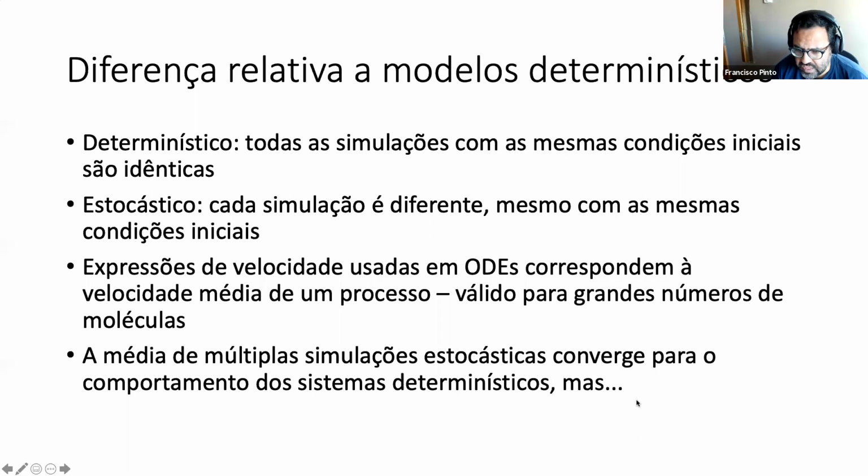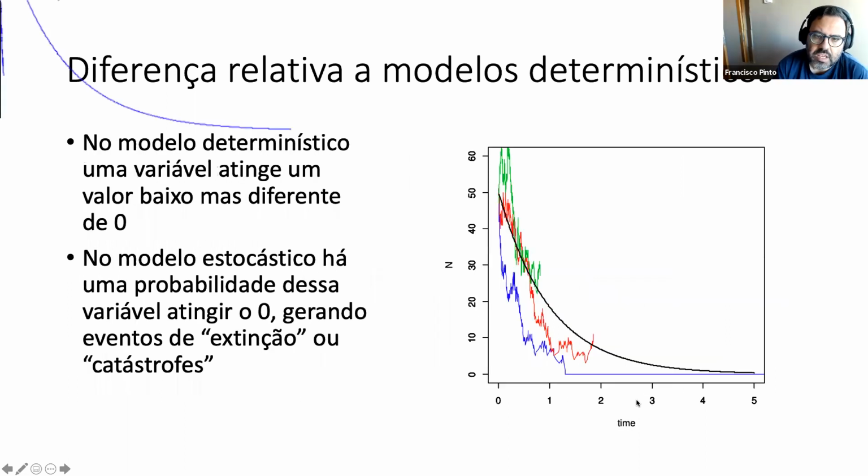So if that happens many times, why is it relevant to make stochastic simulations? That is, if we make the average of a lot of stochastic simulations, we get the solution we get from a system of differential equations. What's the utility of doing stochastic simulations?